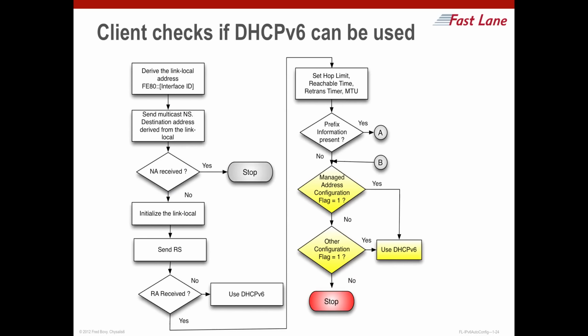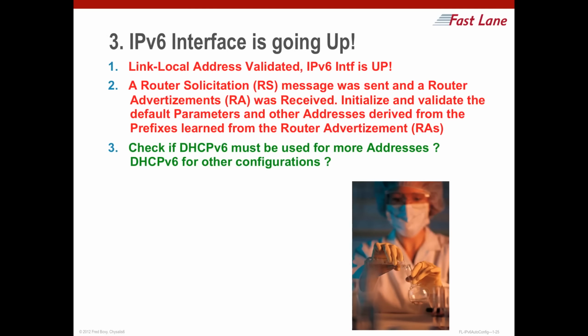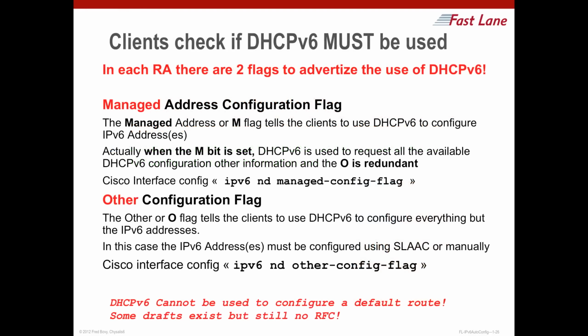The last step for the auto-configuration process is to check if some more configuration must be performed using DHCP version 6. So we check 2 flags, the managed address configuration flag and the other configuration flag. So that's the end of the auto-configuration.